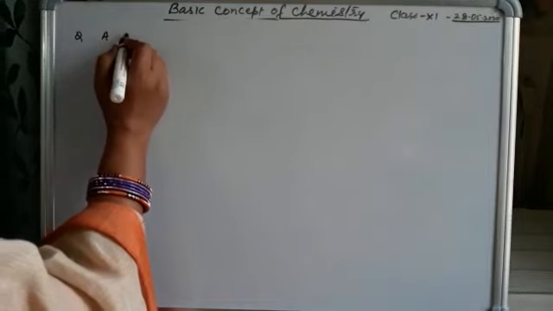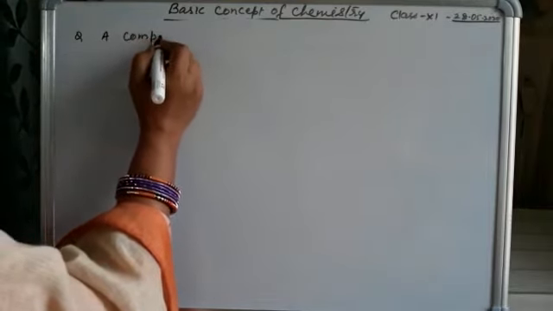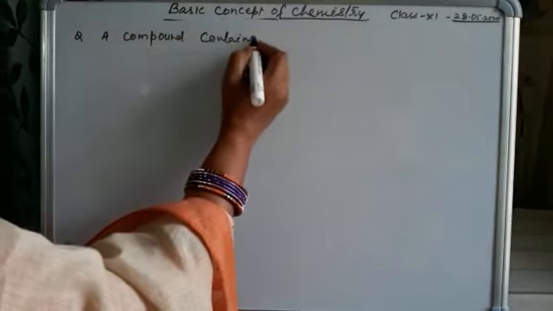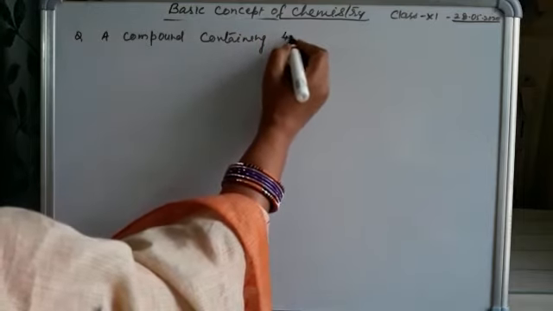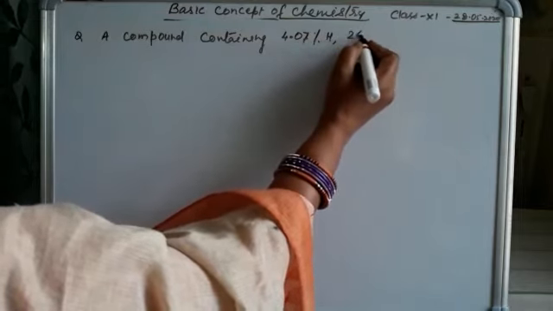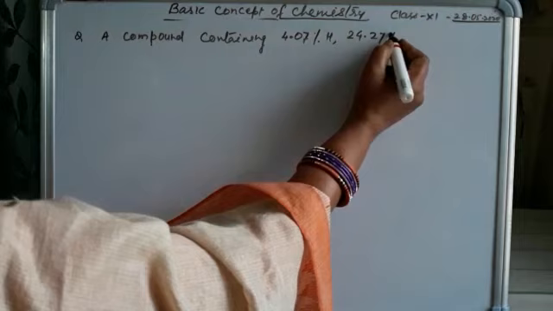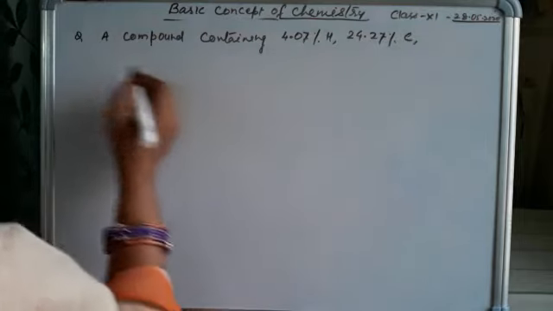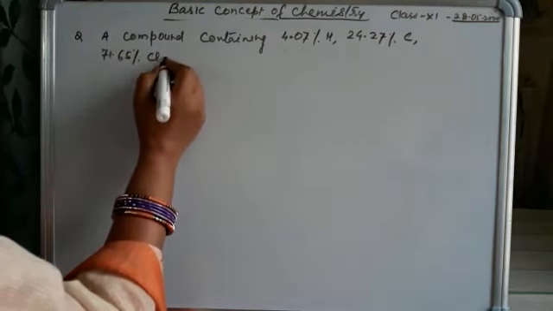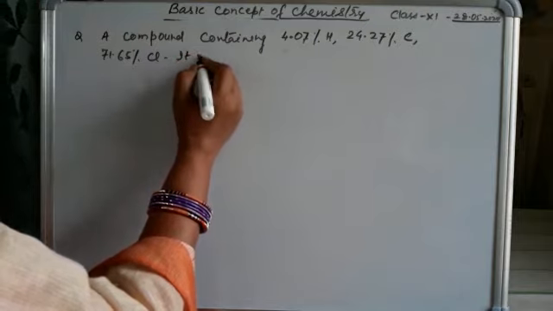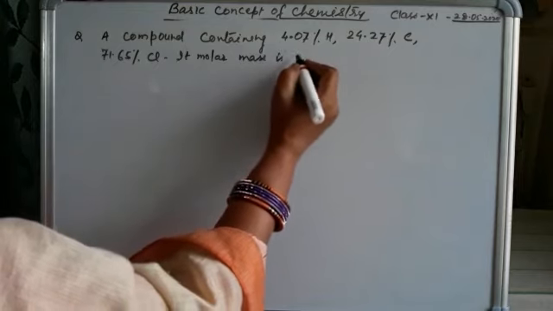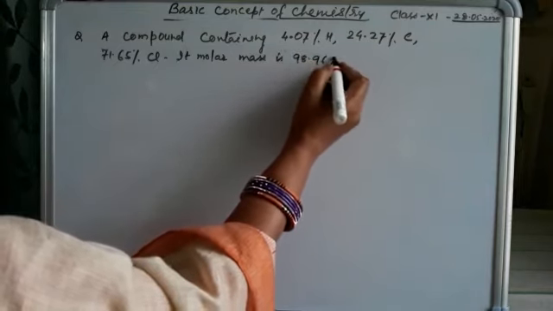A compound containing 4.07% hydrogen, 24.27% carbon and 71.65% chlorine, and its molar mass is 98.96 grams.